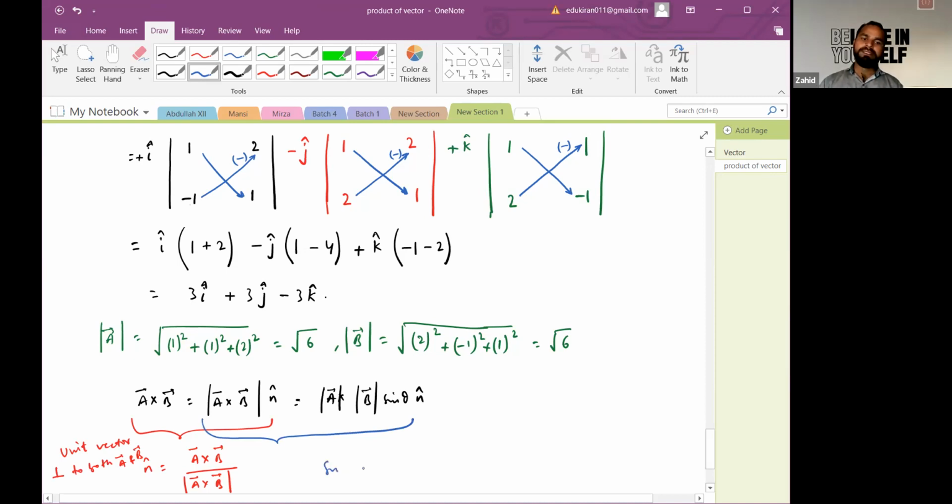So you will get sine theta is equal to mod of A cross B divided by mod of A mod of B.